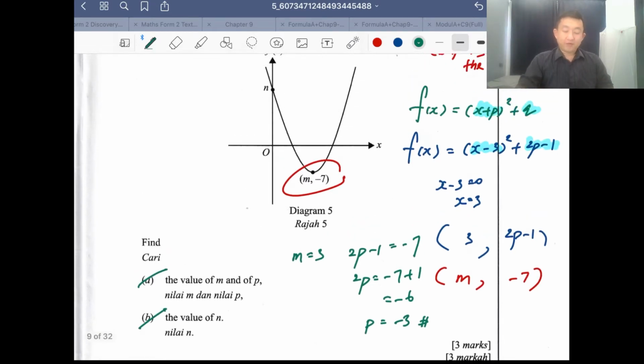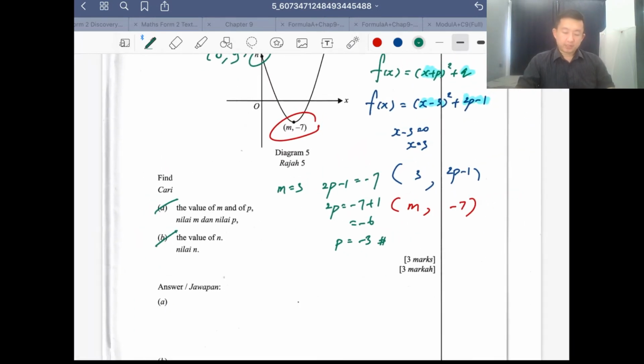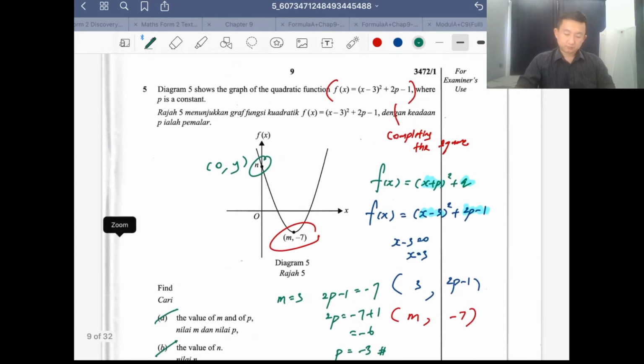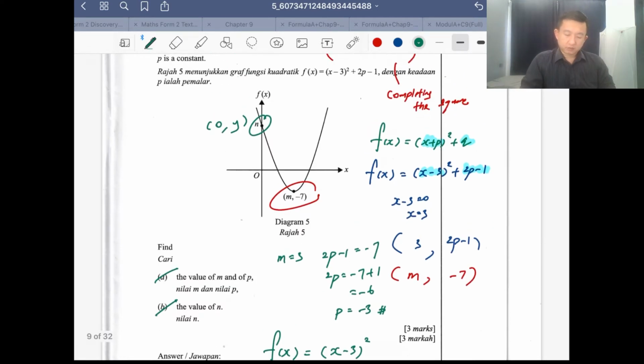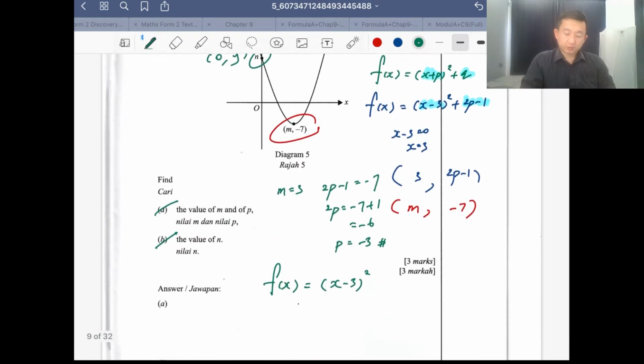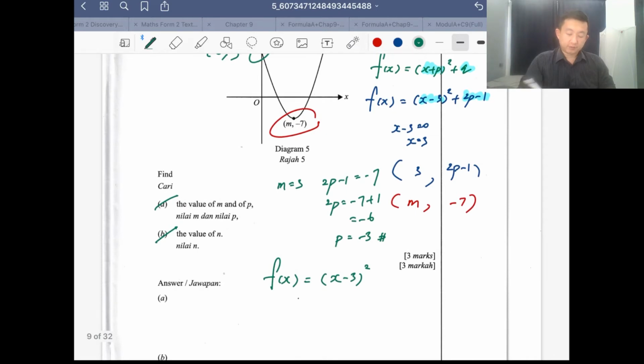The value of n over here. This is the y-intercept, so x equals 0. We can build the equation again since we know the value for p. 2p minus 1 is negative 7, so you can just put negative 7.